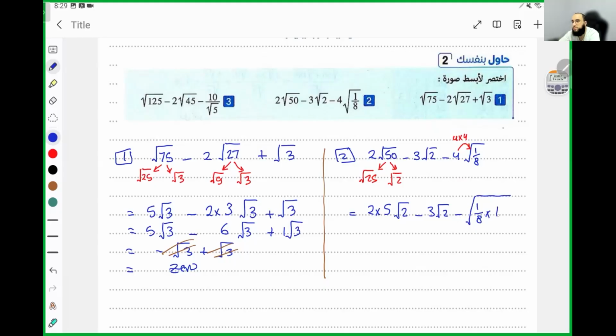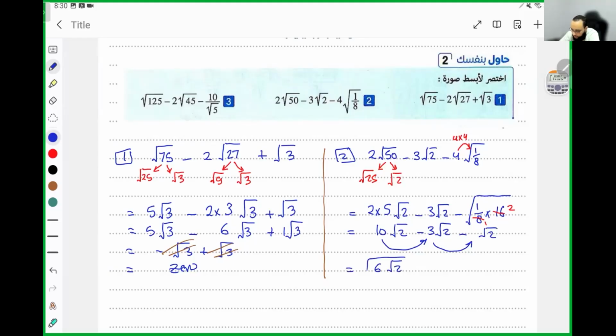It was outside the square root, and I get it inside the square root as 4 by 4, not only one 4. It's clear? This is 10 root 2, minus 3 root 2, minus 1 root 2. 10 minus 3, 7. 7 minus 1, 6 root 2.